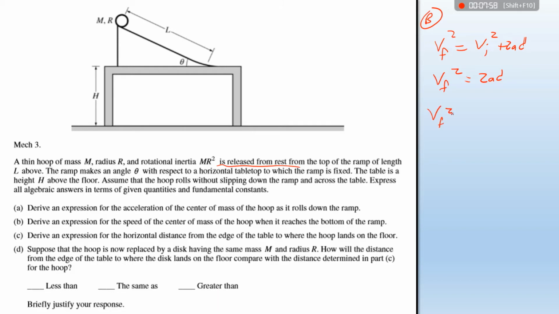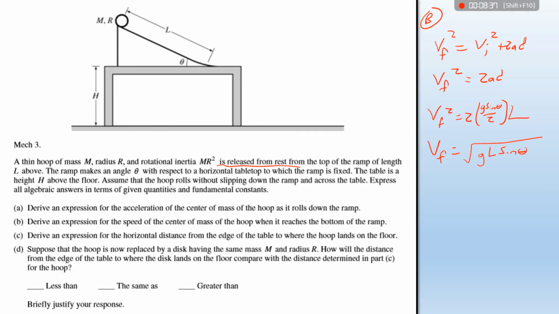Therefore, Vf squared equals 2 times our acceleration from last time, g sine theta over 2, times d. What's our d right now? L. Okay, then we can solve for Vf. So Vf is equal to the square root of gL sine theta. Yep. Okay, so we're good.